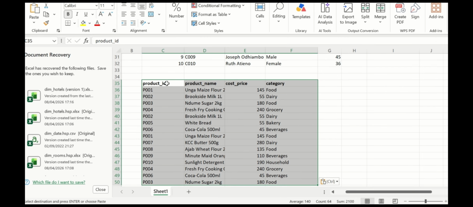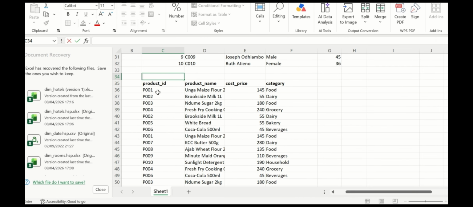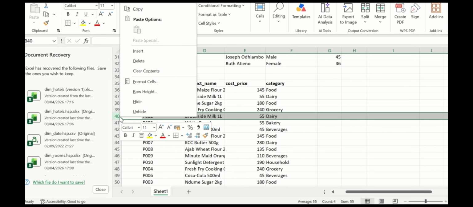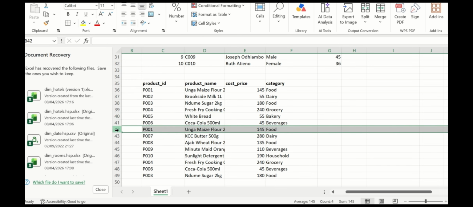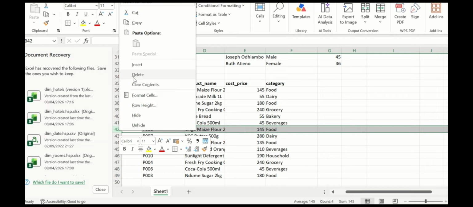So let's start with this one, remove it, and then also one here, we remove it.